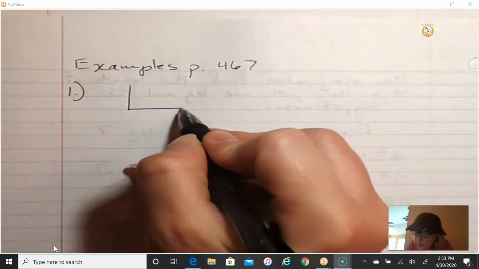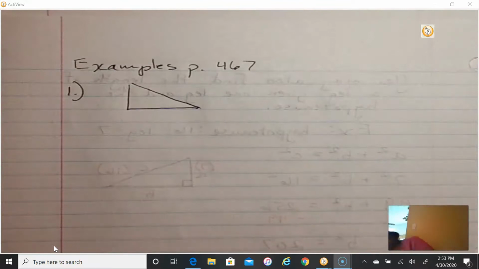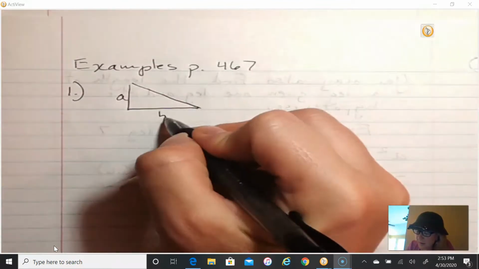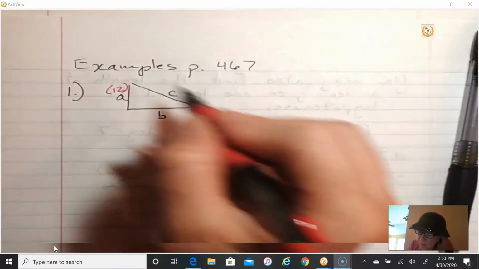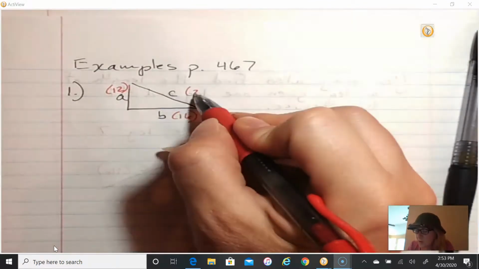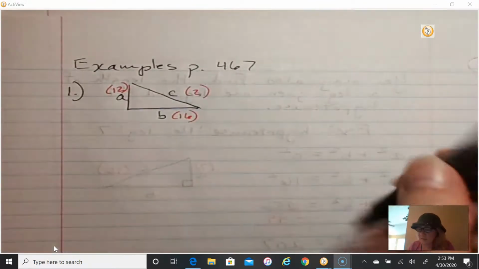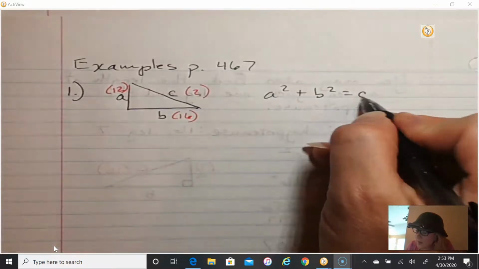So I'm going to draw my picture. Because number 1 says, they give you the legs of 12, and since 12 is smaller than 16, I'm putting that as A, and 16, and they want you to find the hypotenuse. A squared plus B squared equals C squared.